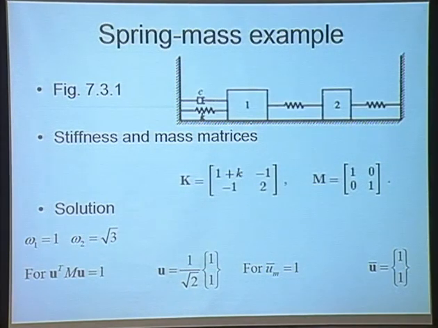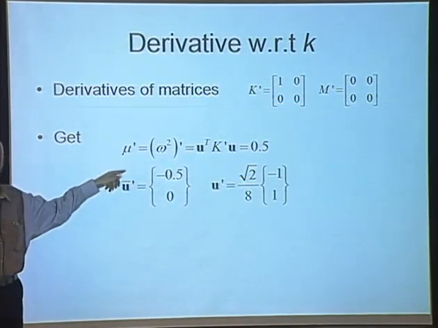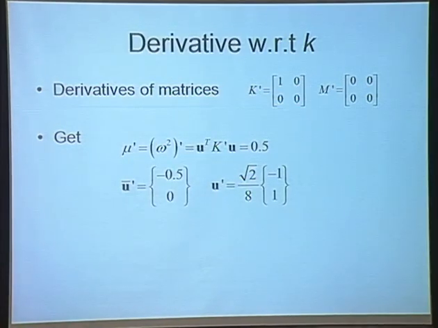And so the derivative of U is basically, as you increase K, 1 moves less and 2 moves more in order to preserve the normalization. And so this is what you see in both of them. If you keep the amplitude the same, it just tells you that 1 moves less. If, on the other hand, you keep the kinetic energy the same, then 1 moves less and 2 moves more.